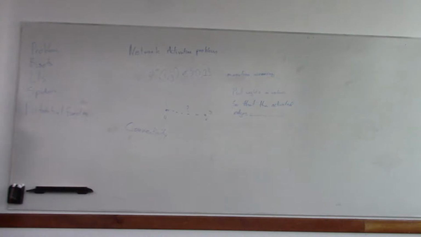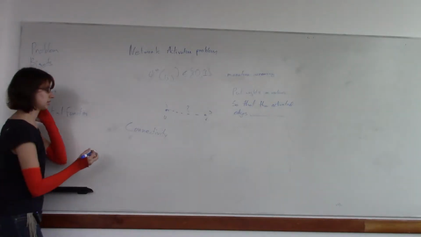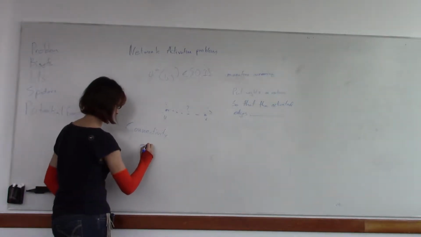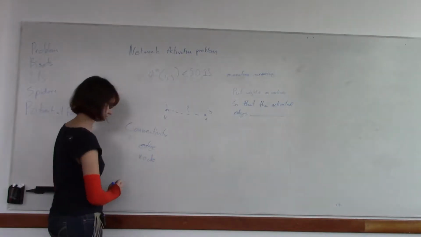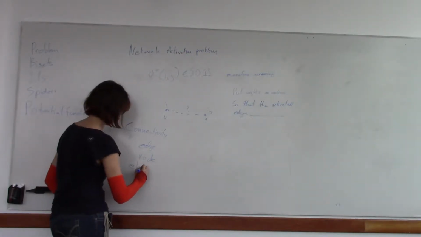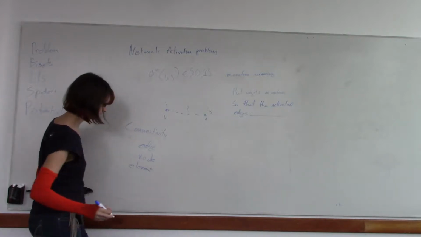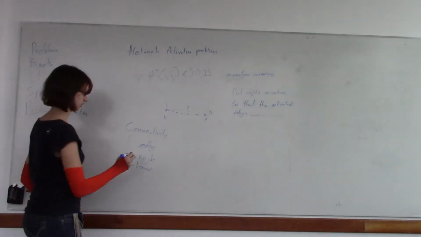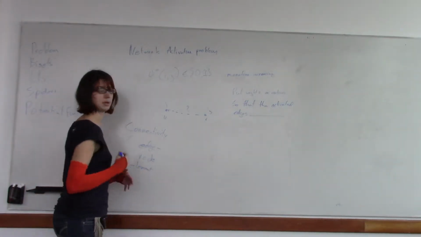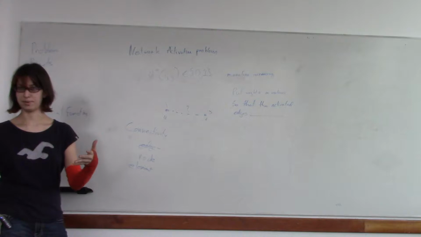Here, the property we'll generally be looking at is connectivity. And there are 3 types of connectivity. We can have edge connectivity, node connectivity, or what is called element connectivity. So for a given pair u and v, for edge connectivity, maybe you need to have k paths between them.